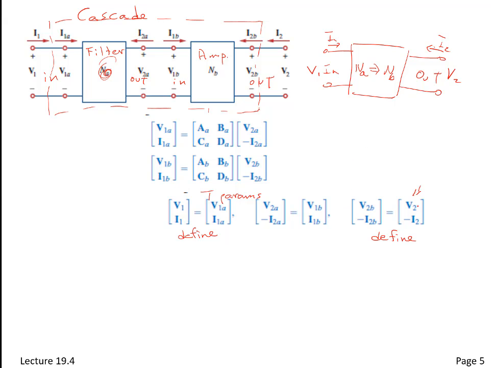So there's that. But now we're going to find some in-between terms, because these are the terms that we have the math for, right? These are the terms that we've got over here. These terms and these terms.